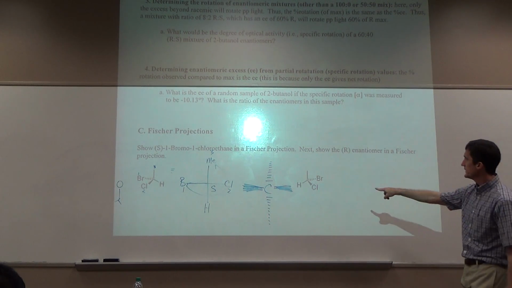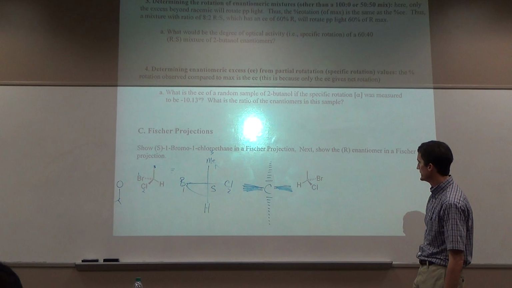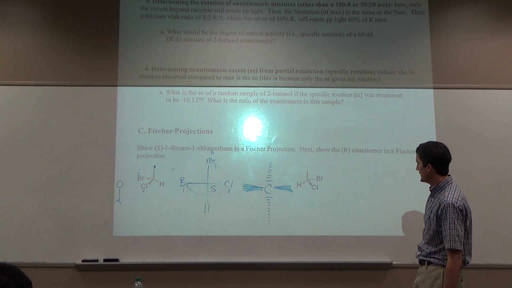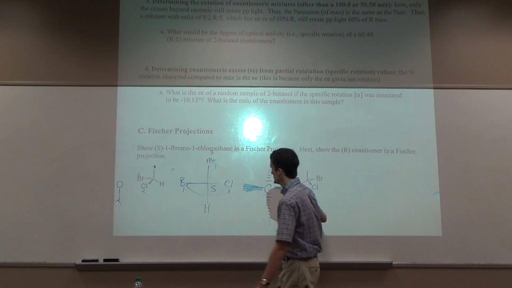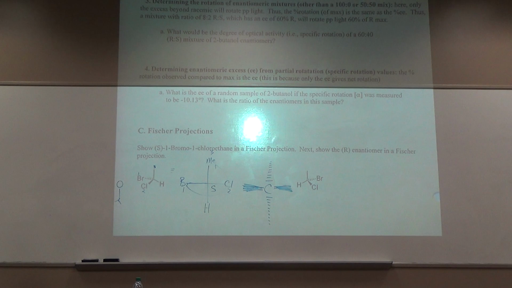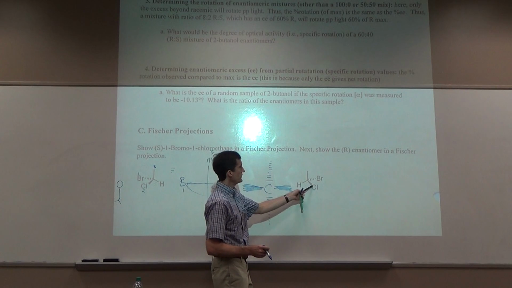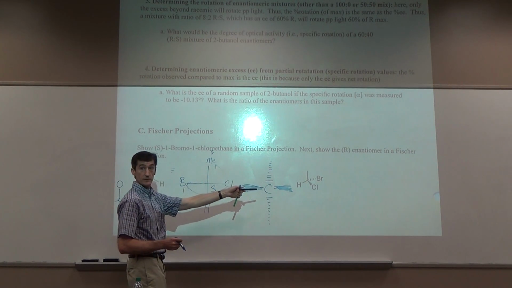What do we have over here? Next, show the R enantiomer in a Fisher projection. Show this one in a Fisher projection. Now, you can cheat here a little bit because once we do one, then you know the other one. If this is R, isn't it the mirror image?